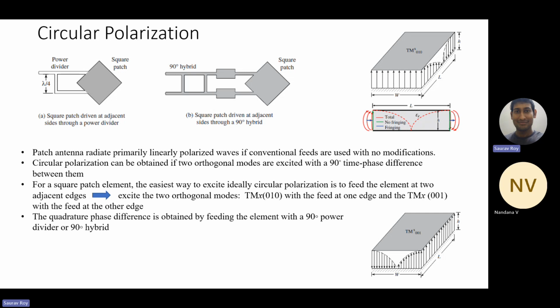So if you read this paragraph, it says actually the same thing we are discussing. The circular polarization is obtained by two orthogonal modes excited with a 90-degree time phase difference between them.